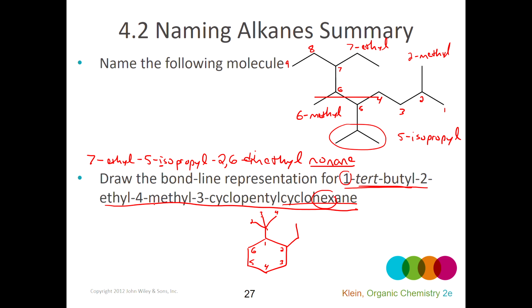So on carbon 4, I've got 1 extra carbon. So put that in there on carbon 4. On carbon 3, I've got cyclopentyl. So on carbon 3, I've got pent, which means 5, but they're in a ring. So I have to connect a ring of 5 carbons. So that would be the structure for that name. Any questions about those?